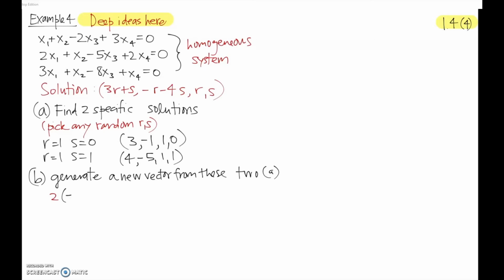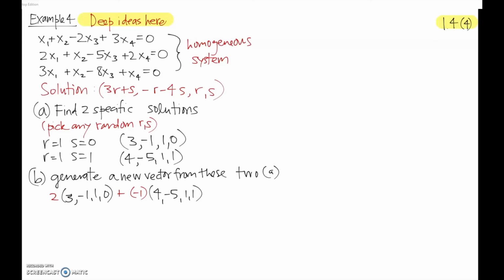So 2 times 3, negative 1, 1, 0. And to that we'll add, let's say, negative 1 times the second one. The 2 and the negative 1 were arbitrary. I could have picked any numbers for those.